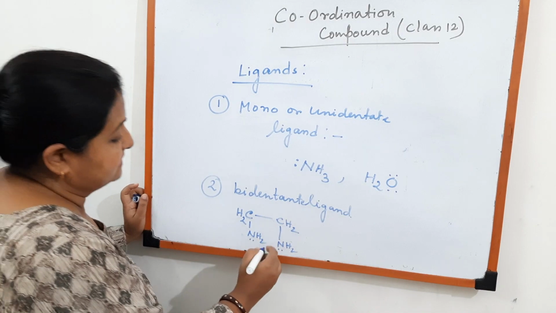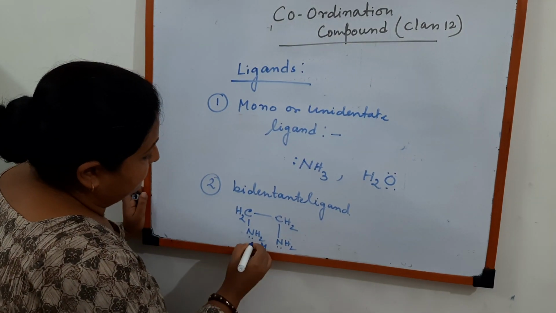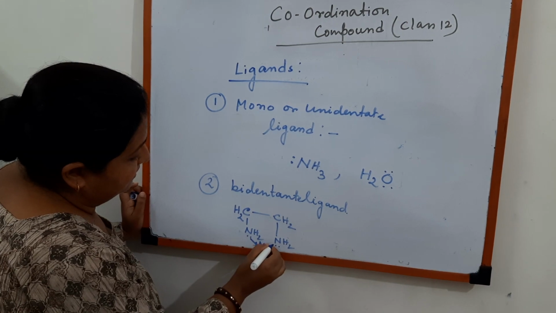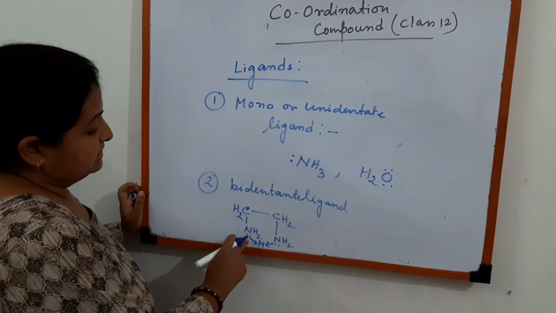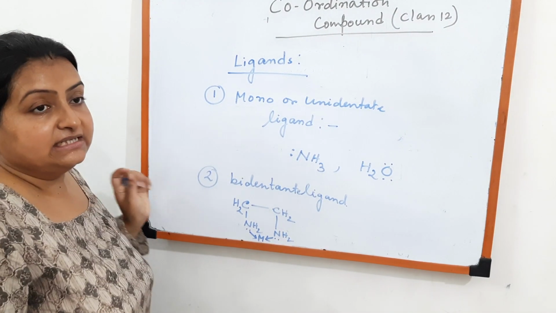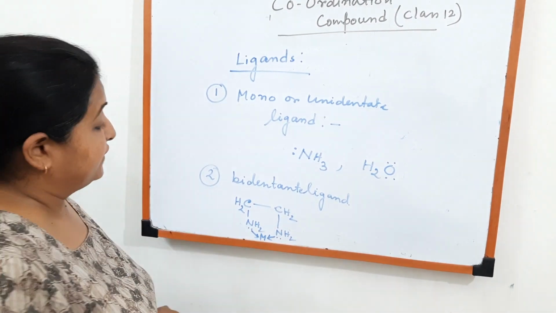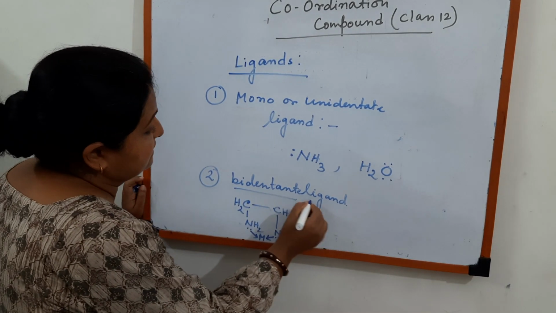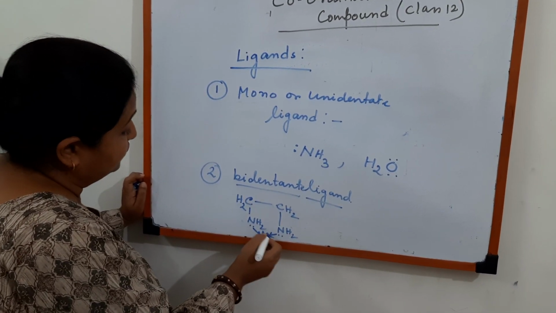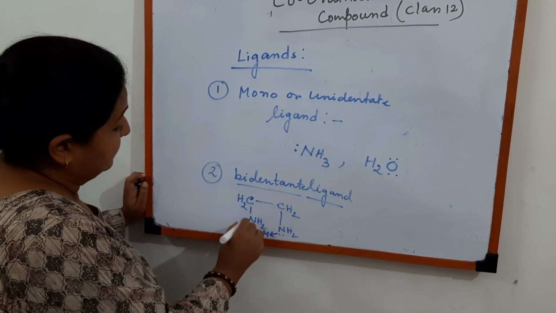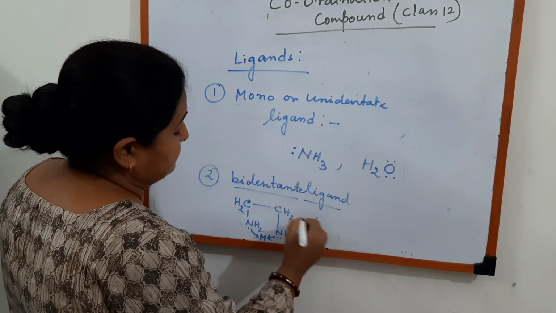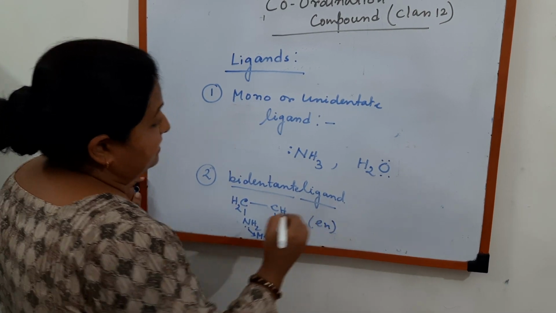Any one metal atom, suppose I am taking the metal by this notation, so it will make a coordinate bond simultaneously with the central metal atom present in the third bracket, that is in the coordination sphere. So this is why this is known as bidentate ligand, because donating sites are two and that donate the electron pair simultaneously. And shortly this is known as en.